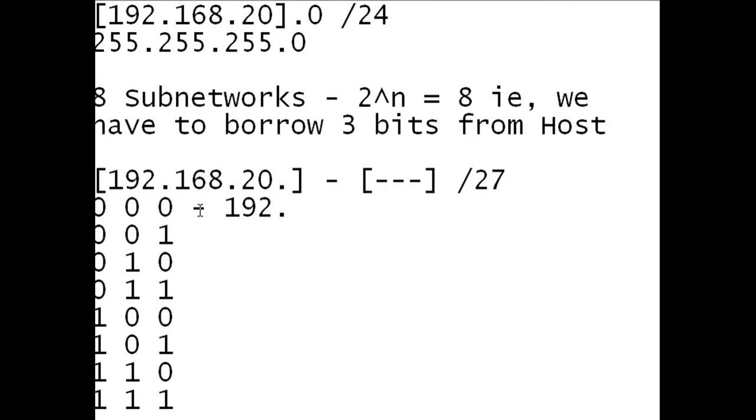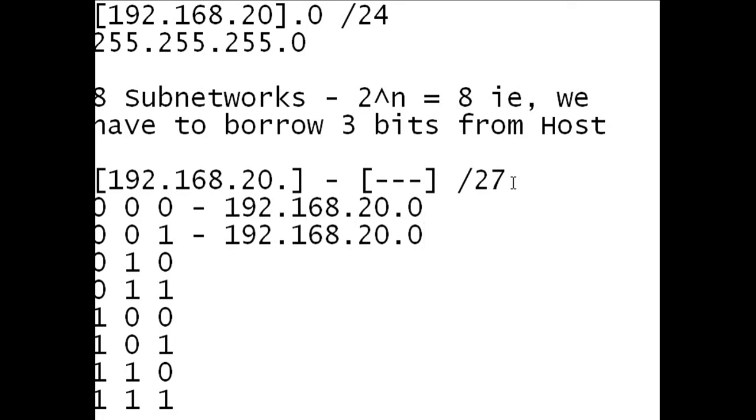Now simple, if it is 001, what it will be. Now we already got the calculation of VLSM, variable length subnet mask, which is 255.255.255.224.